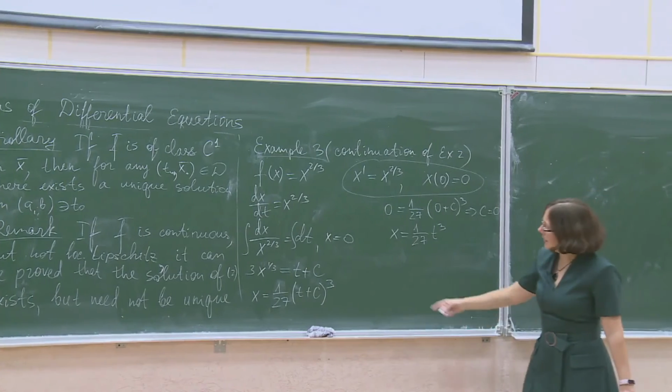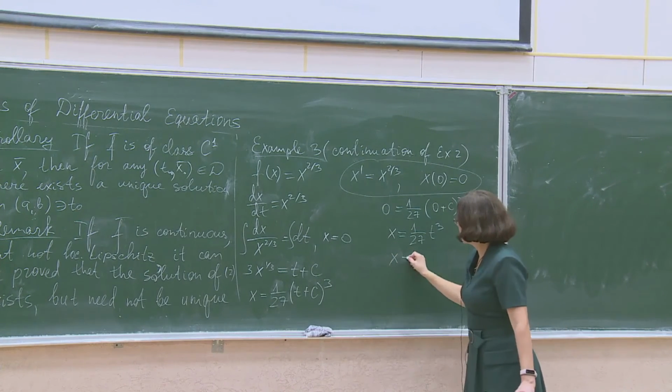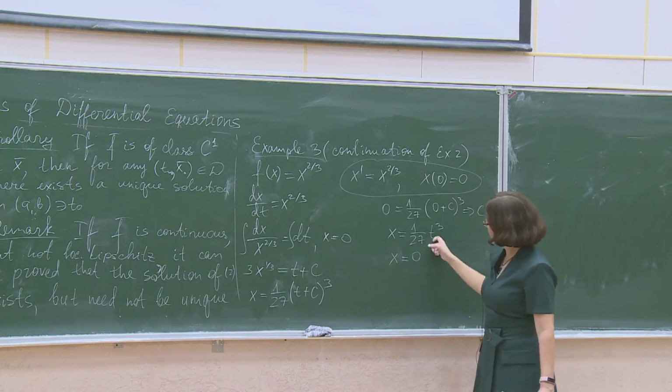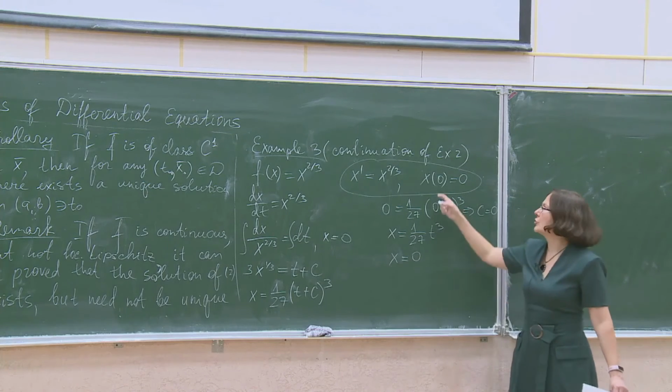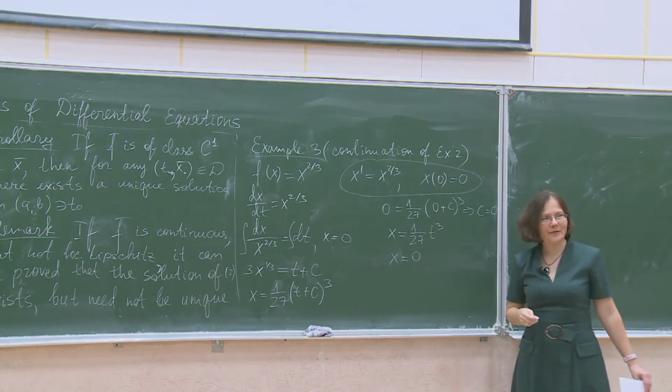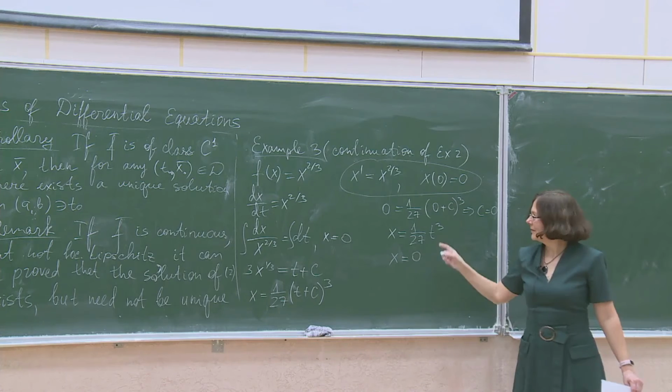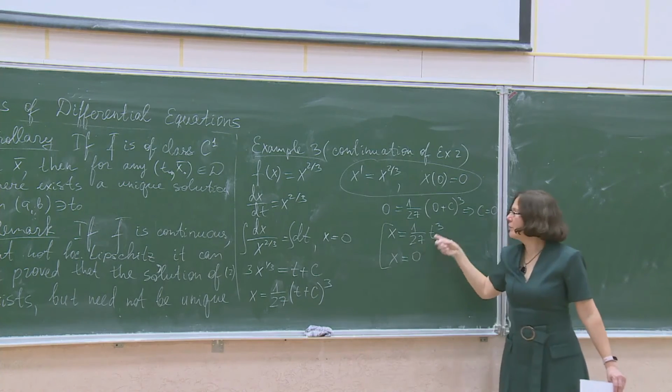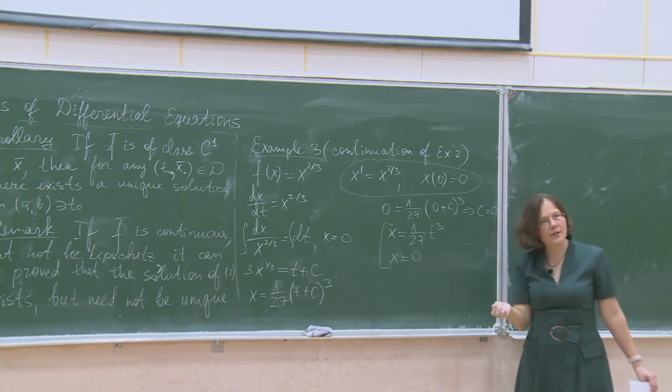And at the same time, we have a solution which is x equals 0. These are two solutions to this initial value problem. They are both solutions, so the solution is not unique.